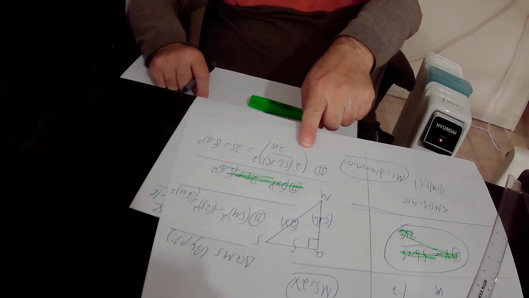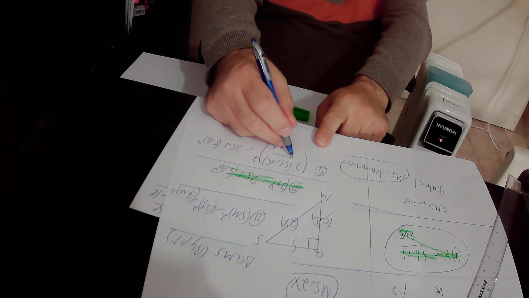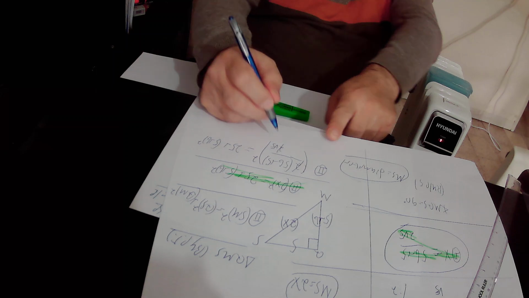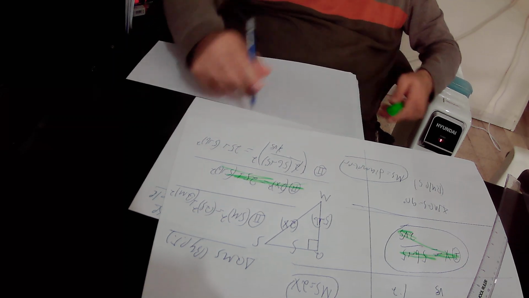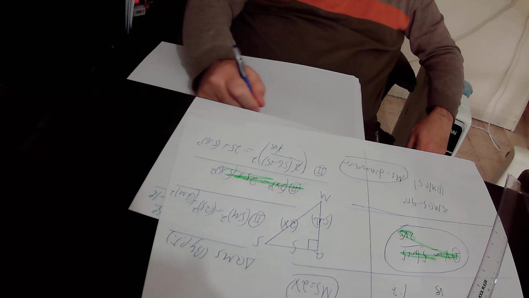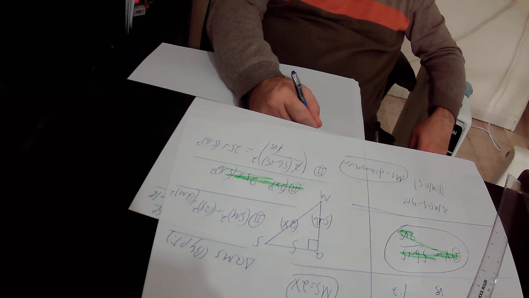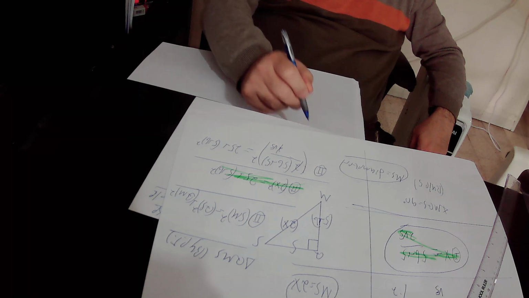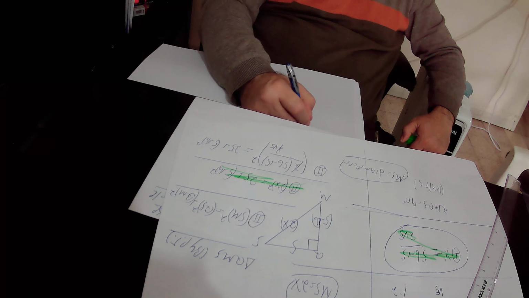In this side of the equation, we have 2 in the numerator and 2 in the denominator, so 2 will get cancelled. So on this side of equation number 2, we are left only with (5b plus 5) squared. In the numerator and the denominator, we have square root of 5 squared, which is 5.